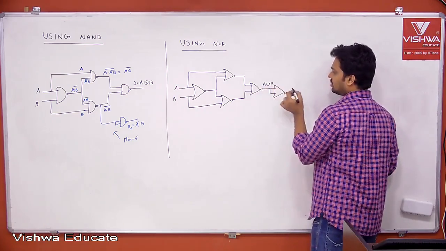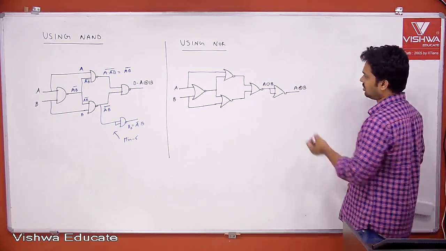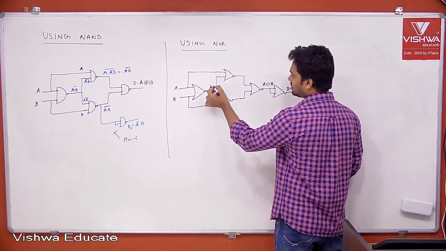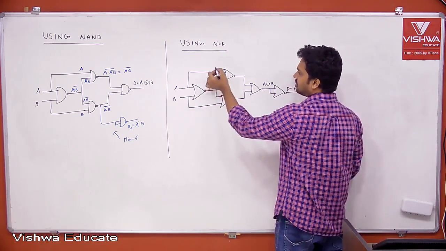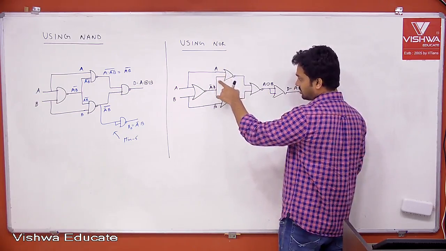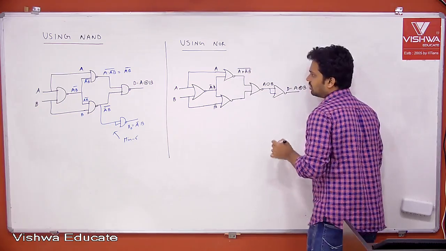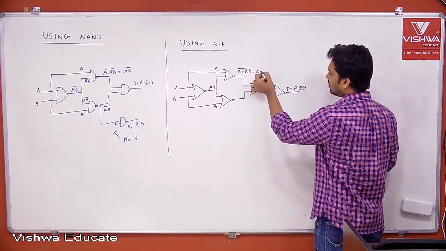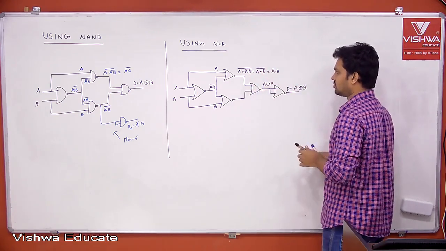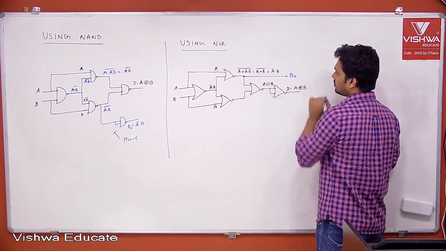This one is A XOR B, the difference. In the previous chapter we have discussed this point. What about the borrow? Here it is A bar plus B bar, or you can write A bar into B bar. This is A, this is B. Now what is this output? A plus A bar B bar whole bar, which is nothing but A plus B bar whole bar, which is A bar into B. So in this line, you can directly say it is your borrow, which doesn't need extra gates.